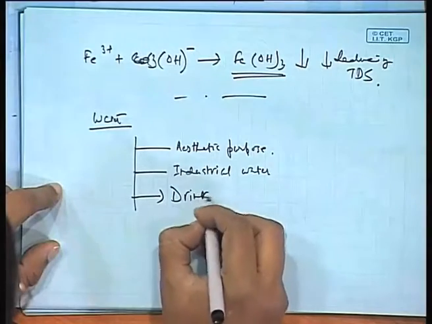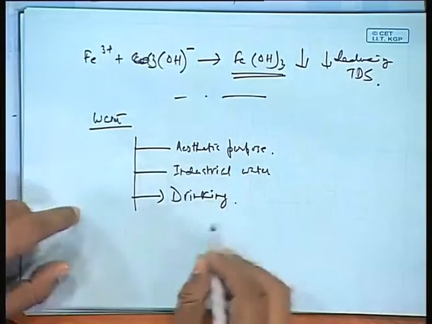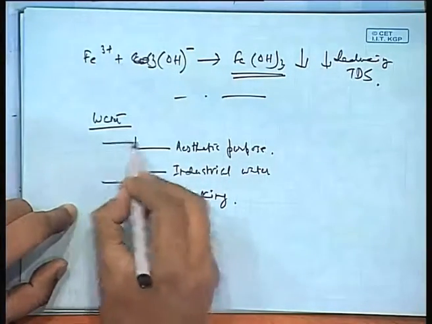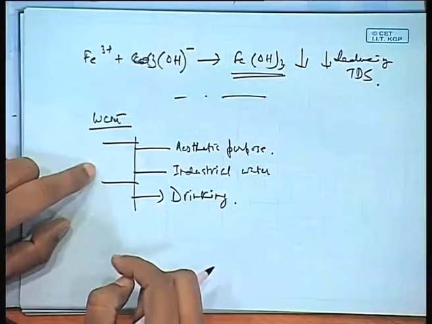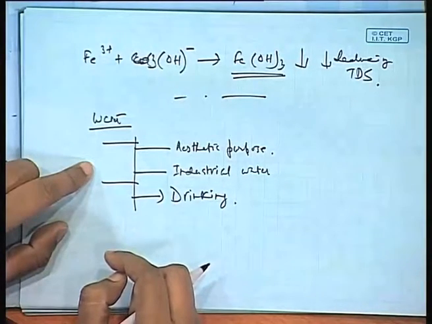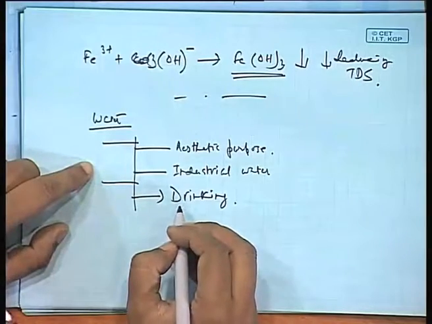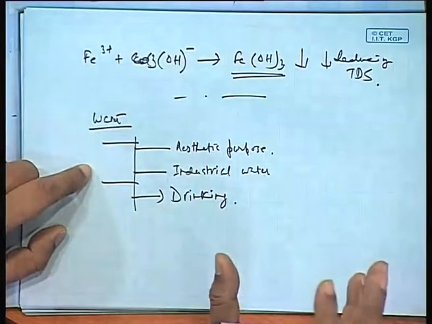Maybe in many cases a primary treatment method may not be sufficient to make the water good for drinking, but a secondary treatment may be required, a tertiary treatment may be required to make it sufficiently potable water.